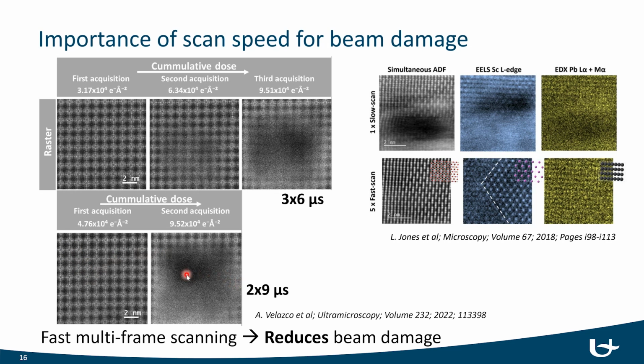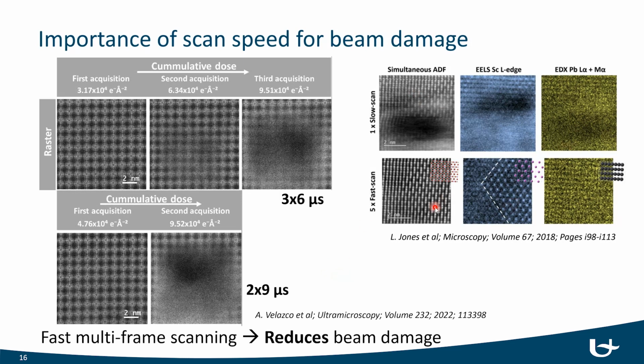And if you now spread the same dose, instead of over 2 slow recordings, over 3 faster recordings, you see that the beam damage is still taking place, but it's considerably less. And that shows that scanning multiple times, multi-frame scanning basically, can have a significant advantage in beam damage, and that is probably important for many of the materials you want to work with.